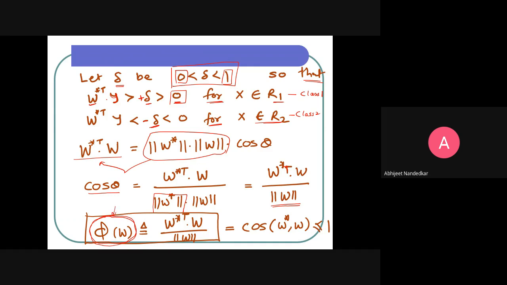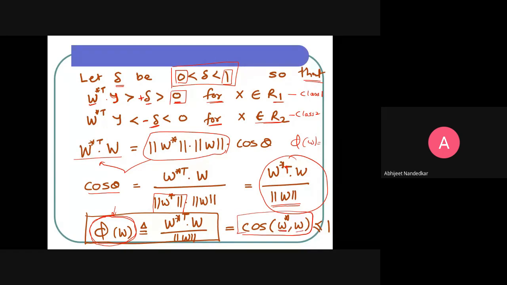So right now just call this as some variable psi W. That's all. So actually this is cos of theta between W star and W.